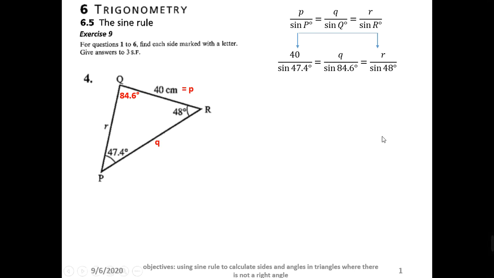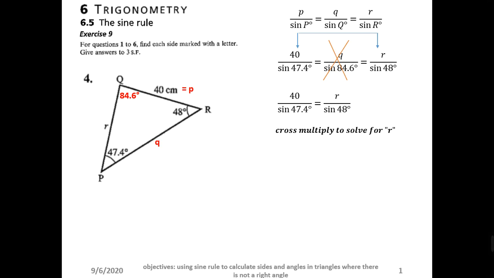But if I take the first fraction with the last fraction, I have only one unknown, which is R small. So we're going to exclude the fraction in the middle, and we are going to end up with 40 over sine 47.4 is equal to R over sine 48.